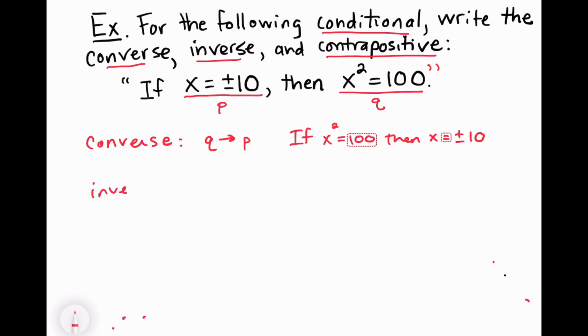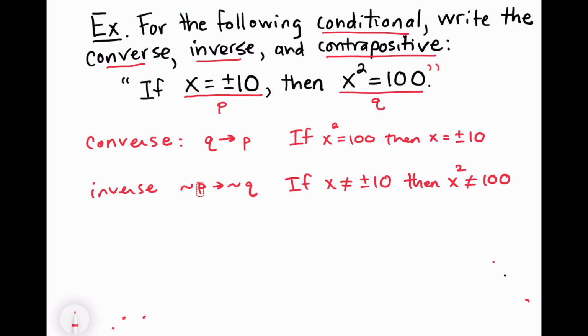The inverse statement, remember that's the statement not P implies not Q. So that would be the statement if x is not equal to positive or negative 10, then x squared is not equal to 100. And then we have the contrapositive.